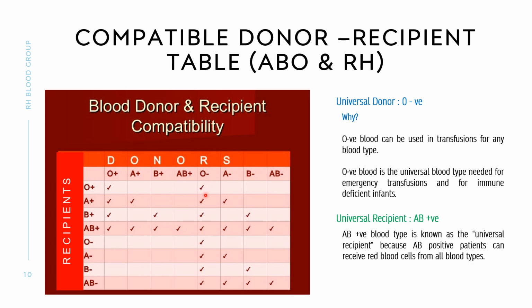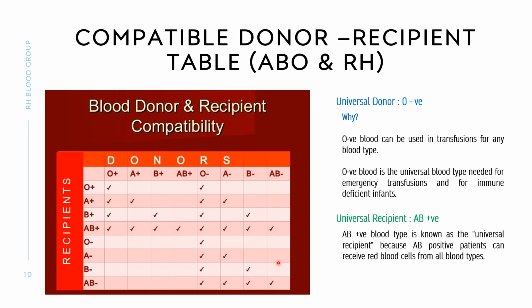So O negative can be given to all of these 8 different types of blood groups. A negative can be given to A positive, AB positive, A negative, and AB negative. Likewise for B negative as well. And AB negative can be given to both AB positive and AB negative.